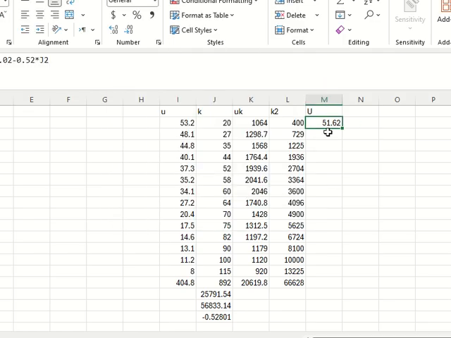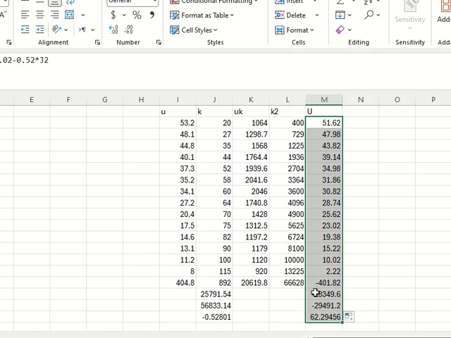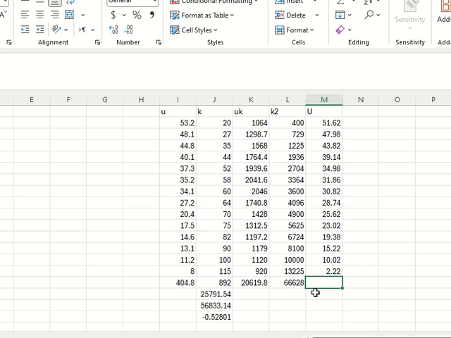Now you can see here I have the value from the equation and the actual one. They are not the same, right? Okay, clear? So these are now capital values, and those are the actual values.